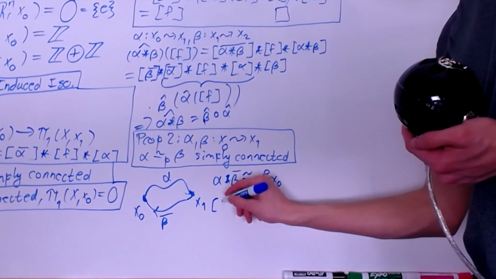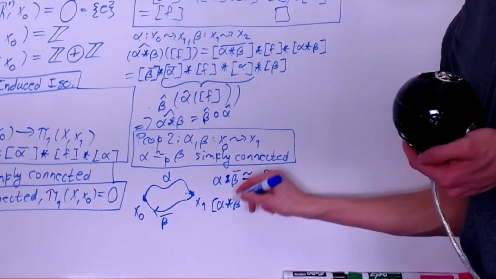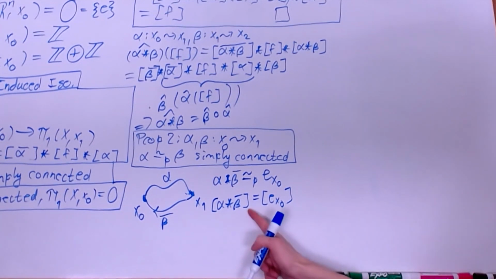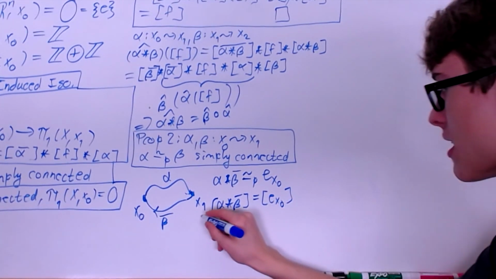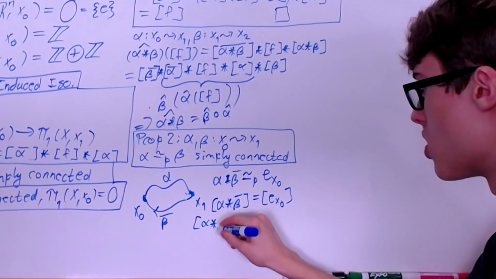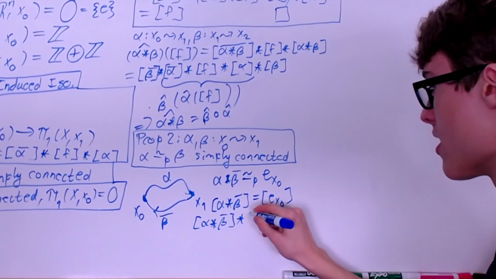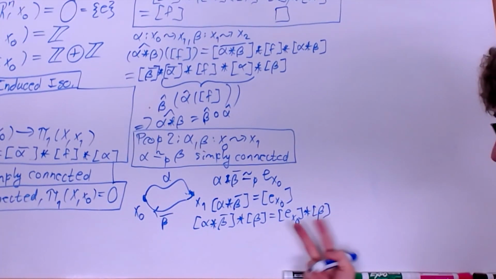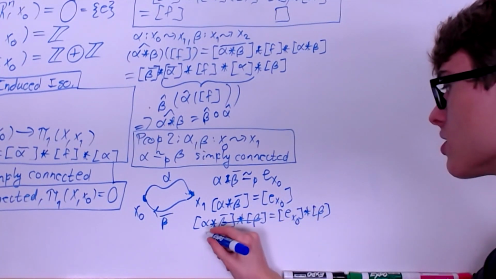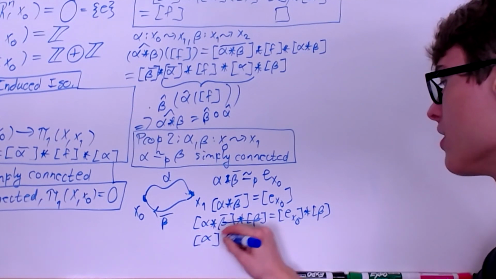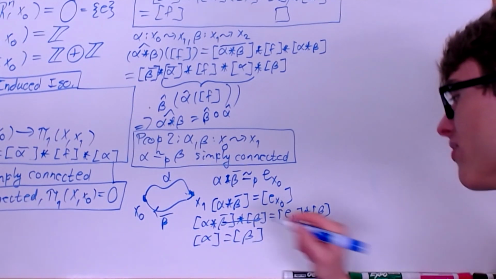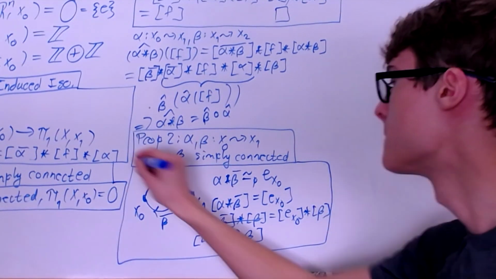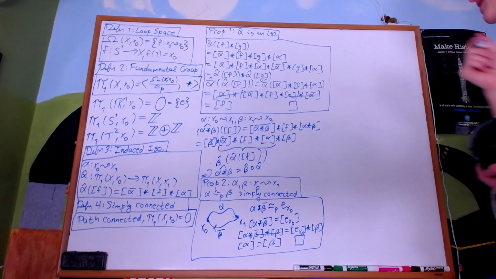What this tells you is that their equivalence classes are the same. So what I can do here is multiply both sides by beta. So I have alpha star beta bar, and then I star both sides by the equivalence class on beta. Right there, that's the identity. Right there we have beta with its inverse, and then we just get alpha equals beta. Their equivalence classes are equal to each other. And so they are homotopic. And that's that. All right.